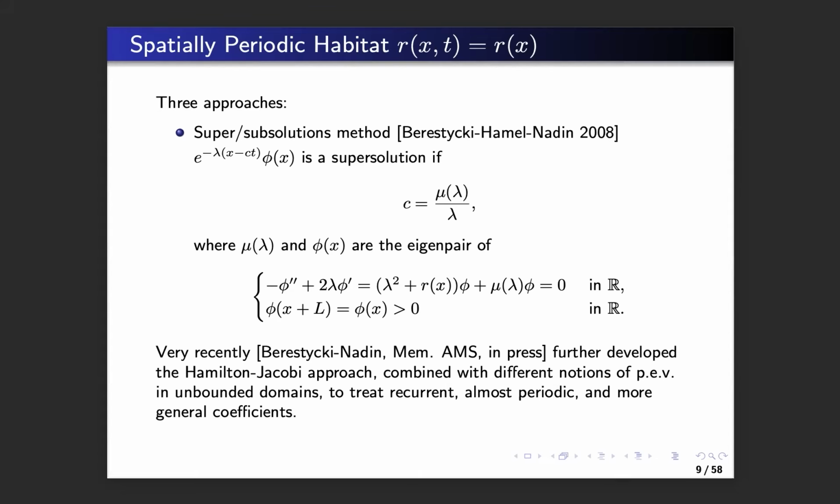One can use homogenization arguments based on the eigenvalue in unbounded domain. They can treat recurrent, almost periodic, more general coefficients, in terms of the information in the environment that is recurring in all directions if you go to infinity. This is a fairly general result.